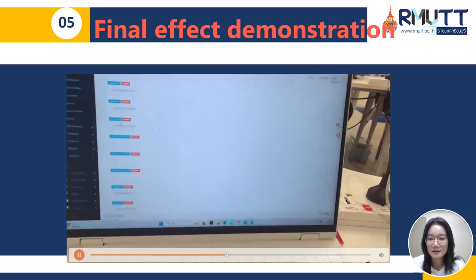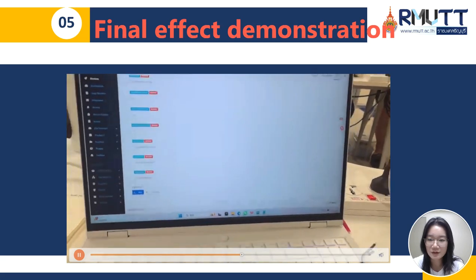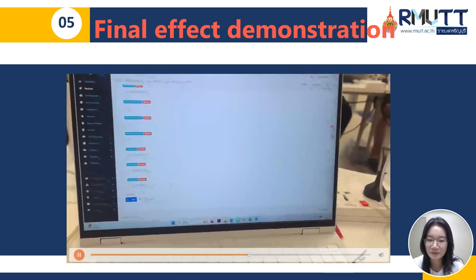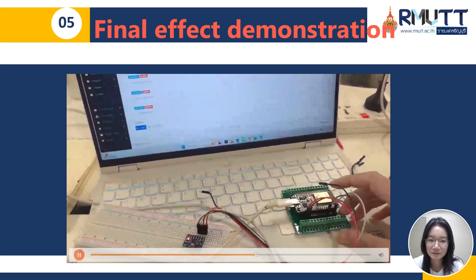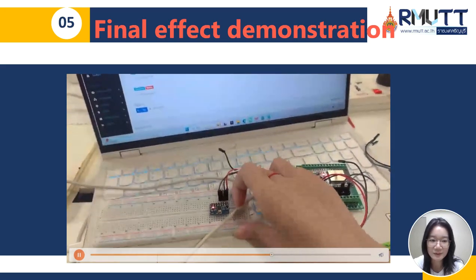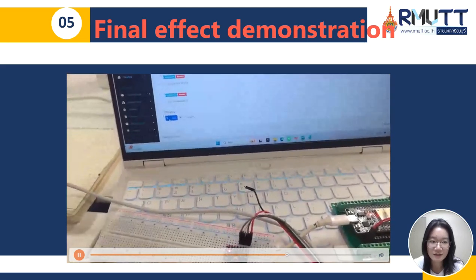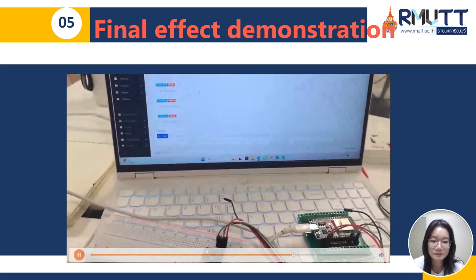And then I will move the MPU6050. When I move the MPU6050, it collects the acceleration data for X, Y, and Z axes.